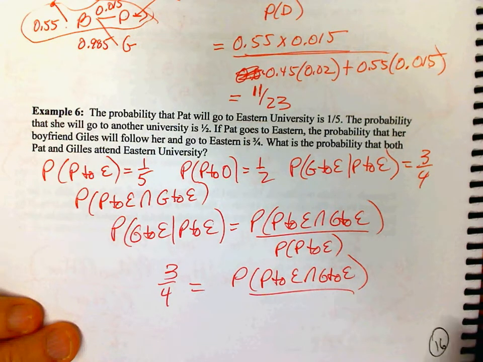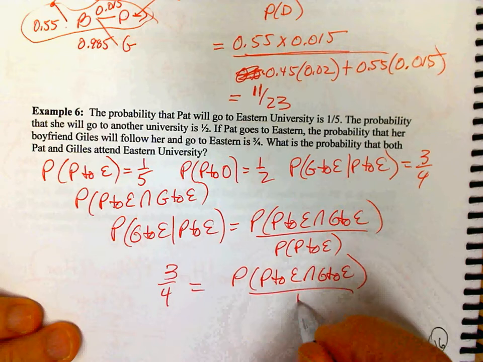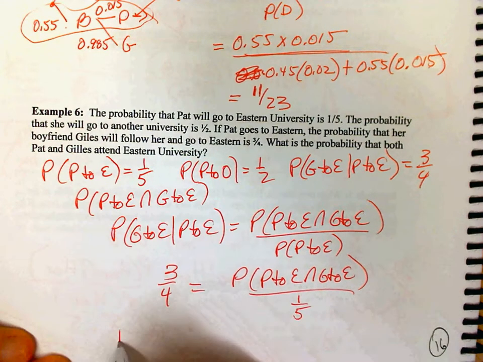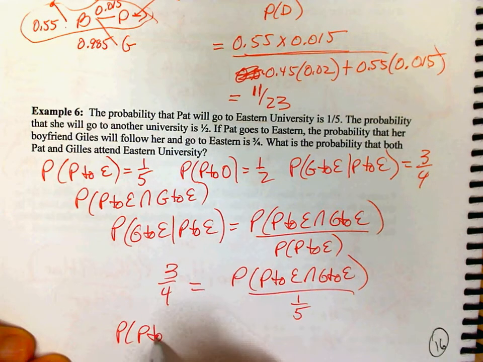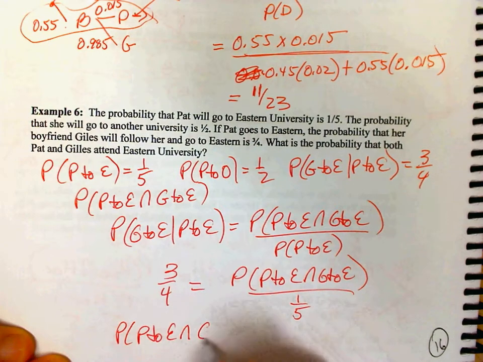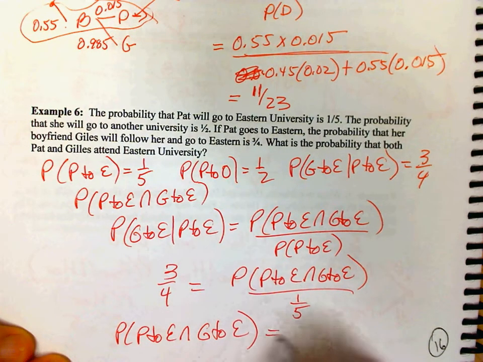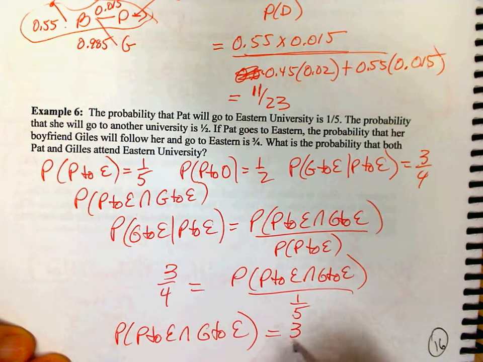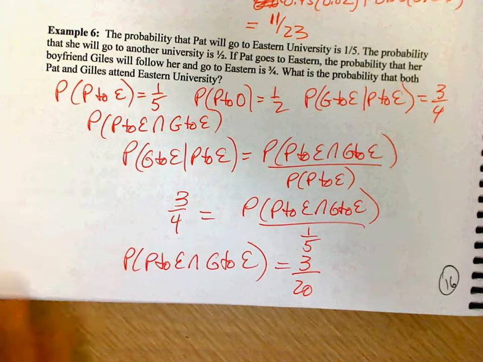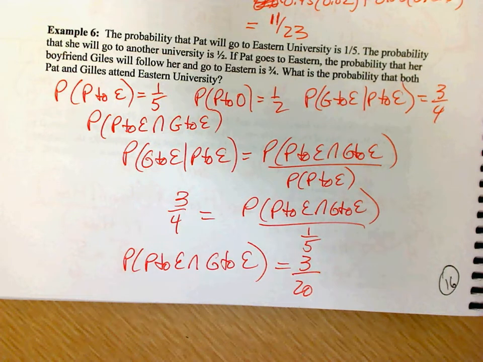Probability she goes to Eastern is 1/5. So probability of Pat to Eastern intersection Giles to Eastern equals 3/20. Cross multiply. Yeah, just subbing in what we know.